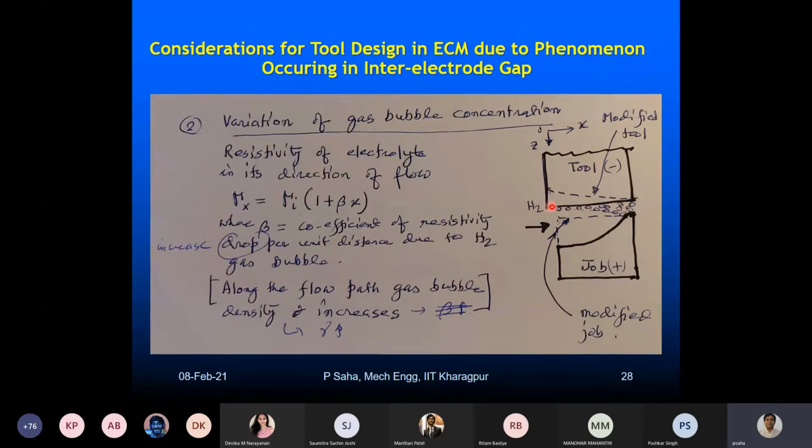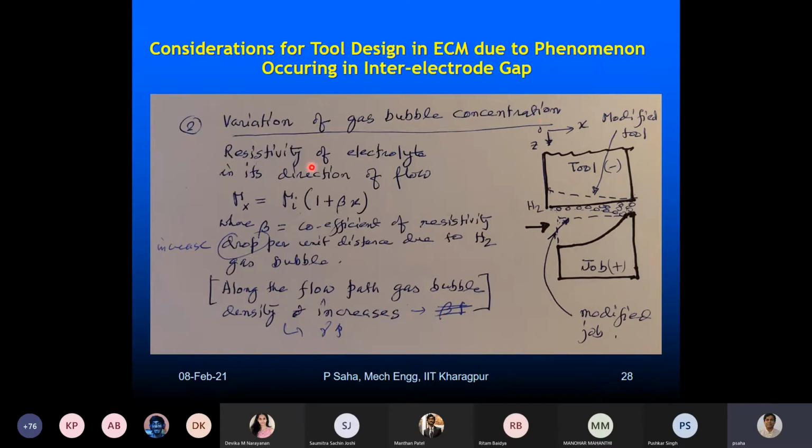From the left side, it will be lesser compared to the right-hand side. As a result, the resistivity of the electrolyte on the left and right will be different. So how is the variation of gas bubble concentration going to affect this?